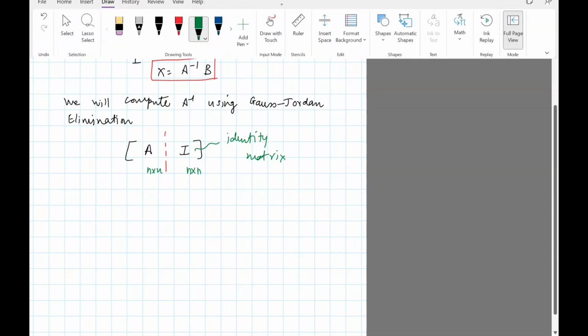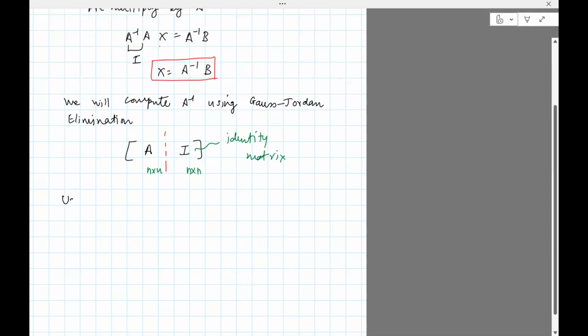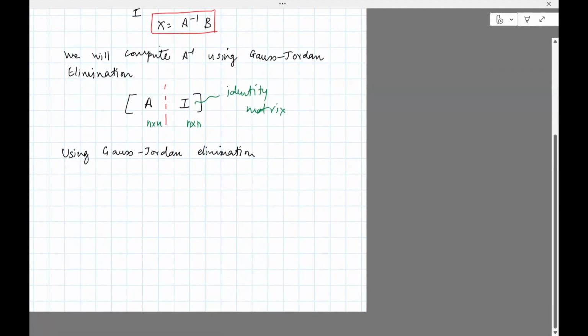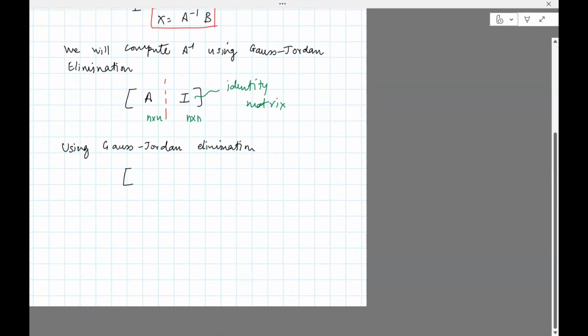So using Gauss-Jordan elimination, we would get something like this. Okay, now why is that true?